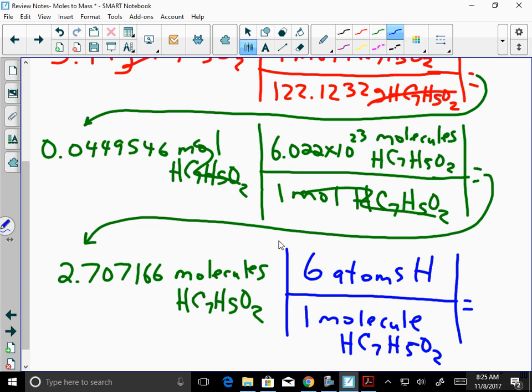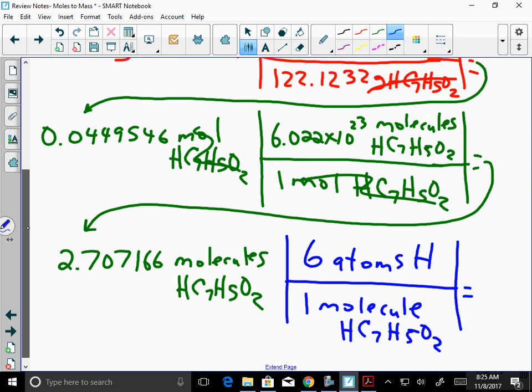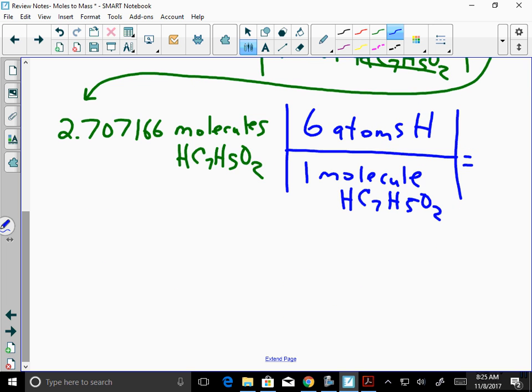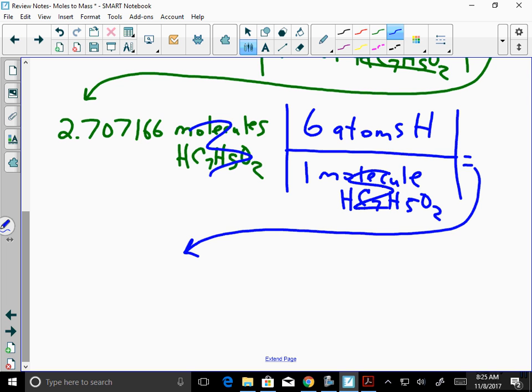So as I extend my page down even more, I'm going to bring this down here. So I'm going to get my answer now. My molecules cancel. My label is going to be atoms of hydrogen. Atoms of hydrogen. So I'm going to take the number I've got, that 2.70.